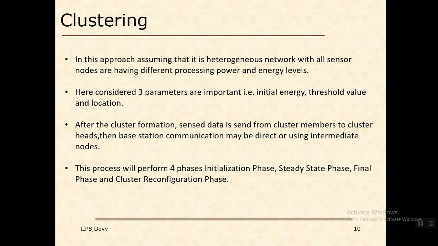After the cluster formation, the data analyzed by the cluster members is sent to the base station. The base station communication can be direct or done using intermediate nodes. This process has four phases: initialization, steady state, final, and cluster reconfiguration.